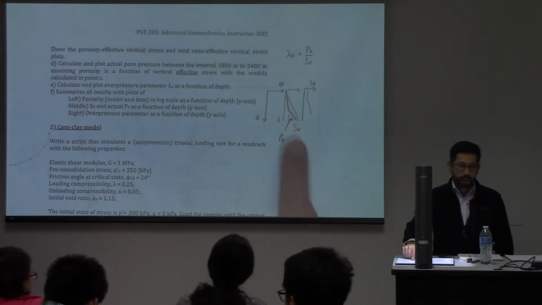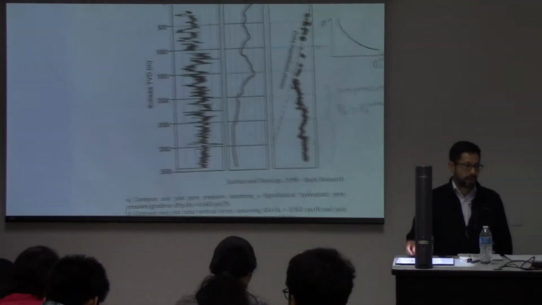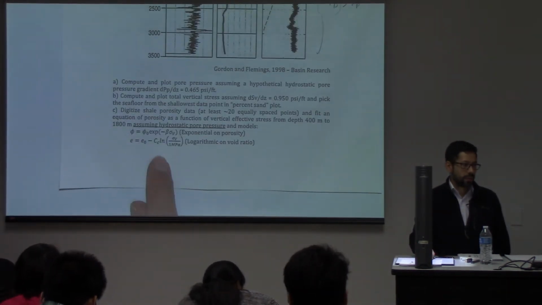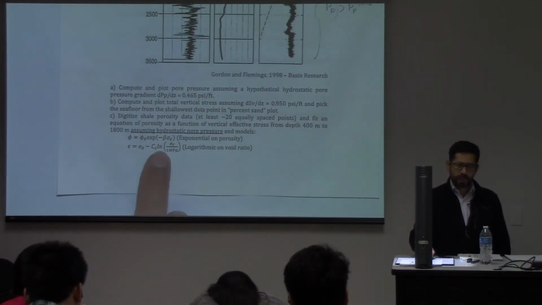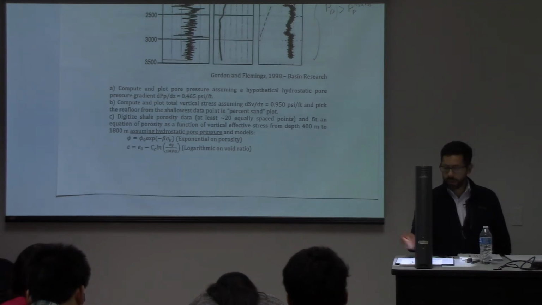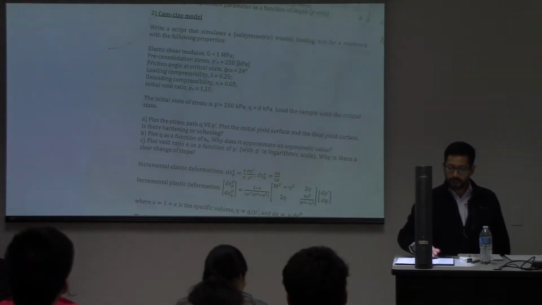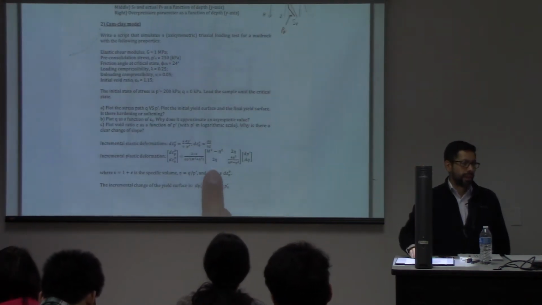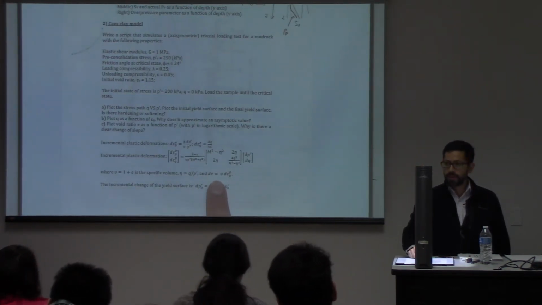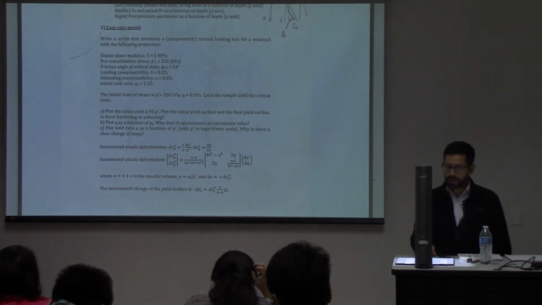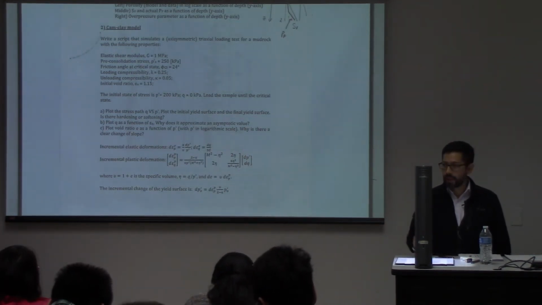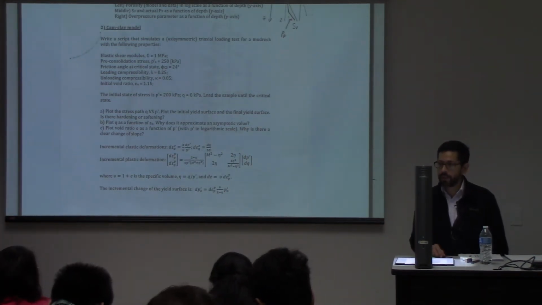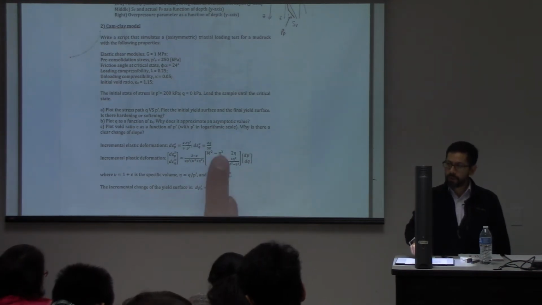Okay, so our job today is going to be to see how we use these equations, how they come into the constitutive model, and how we use that later on to predict the elastoplastic response of a material with this type of Cam clay constitutive model. Okay? So we'll come back to this in a minute.